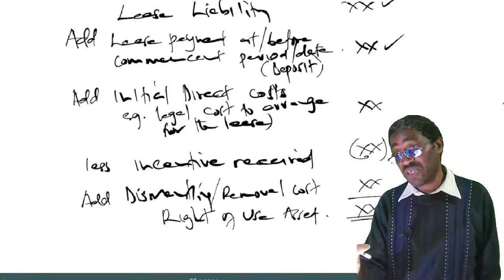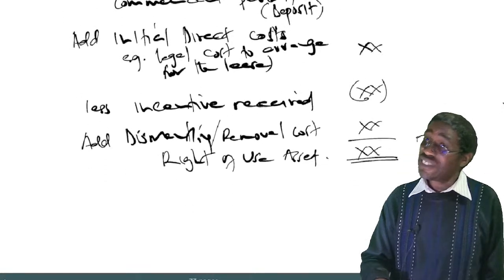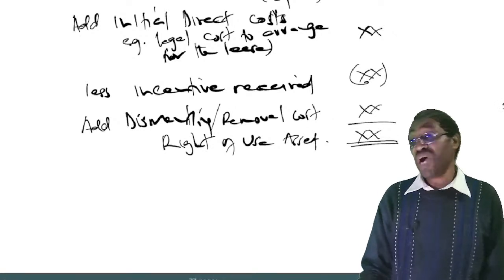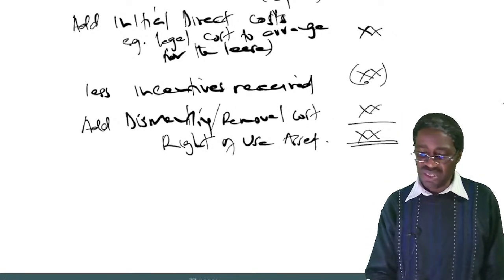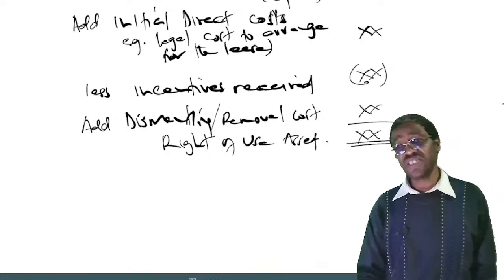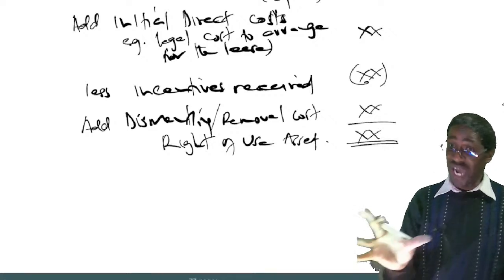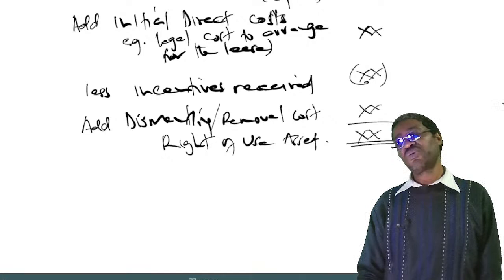Then, if the lessor is giving you some incentive, that's reducing your cost. You minus the incentives received. And finally, if there will be any cost of dismantling or removal of the asset, then you remember to add.